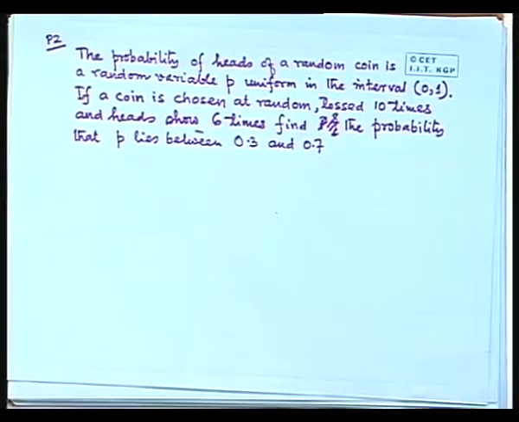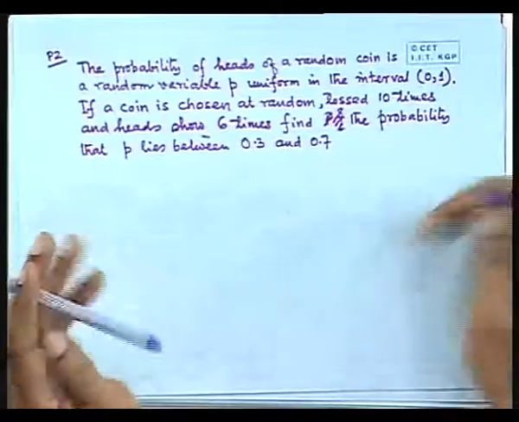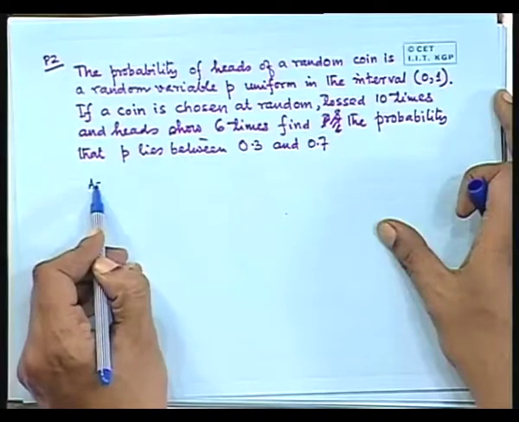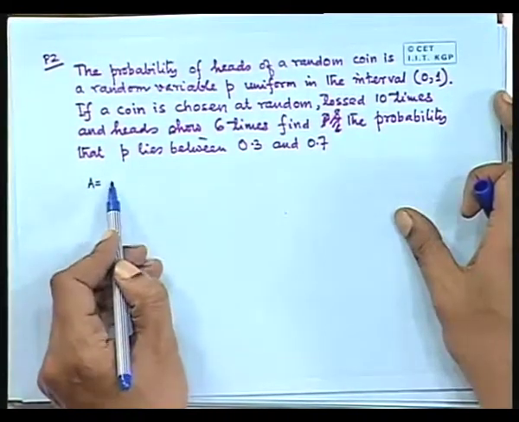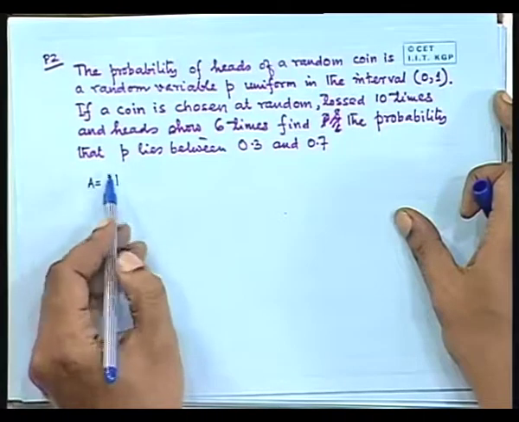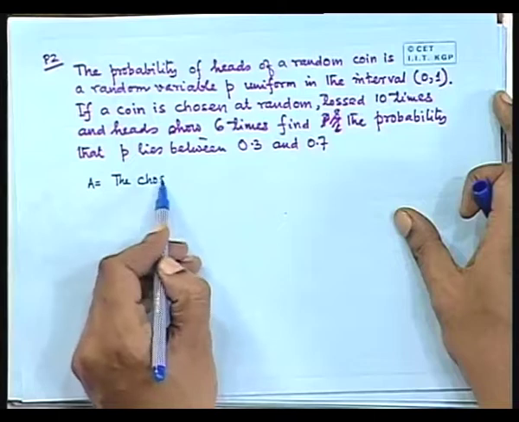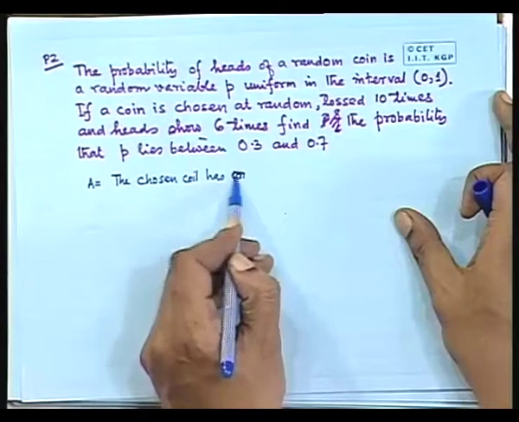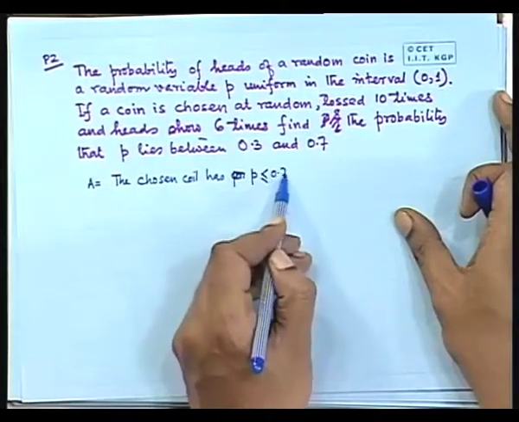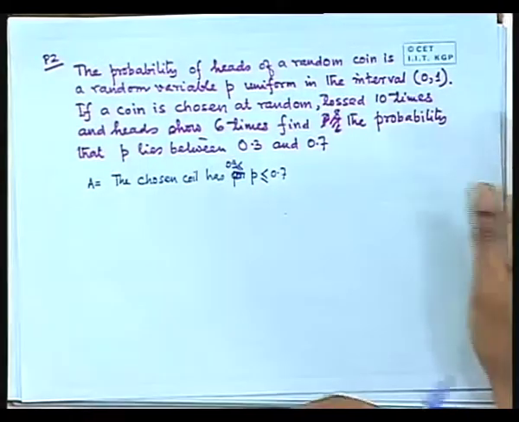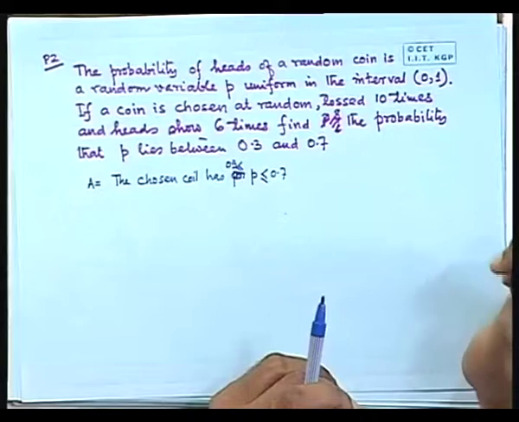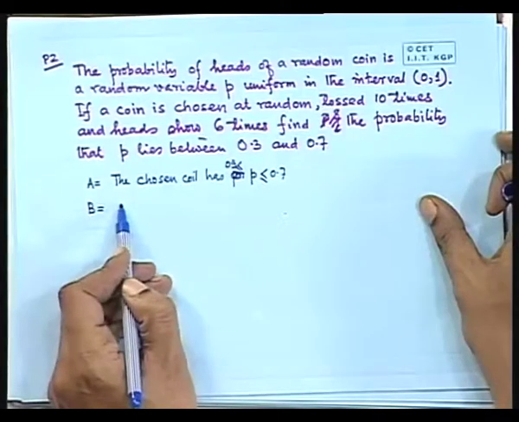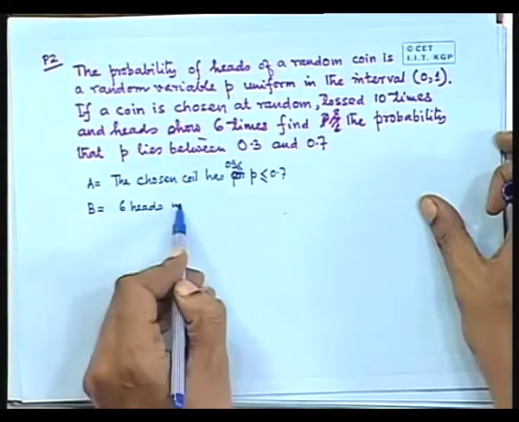Again, what is the first thing? Mark the events. Event A is that the chosen coin has probability p, this is the first event, and the second event B is 6 heads in 10 tosses.